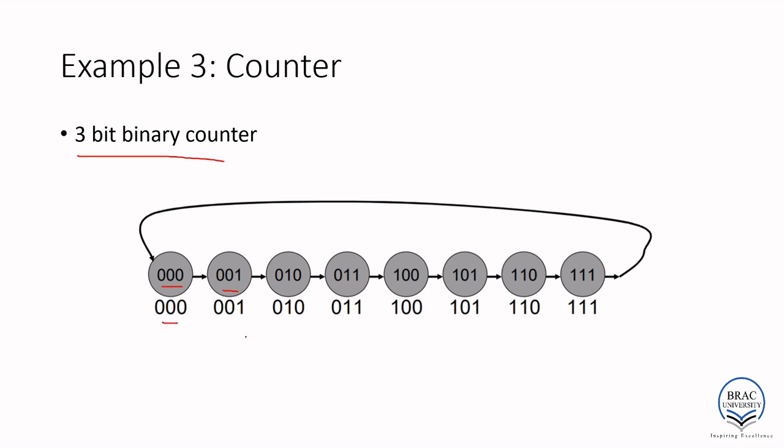First we have 0, then 1, 2 and 3, and so on, up to 7, and then we turn back and go to 0. So this is another example of an FSM where we could use finite state machines to design any counter, which could be an up counter or down counter or any other types of counter that we might need to build.